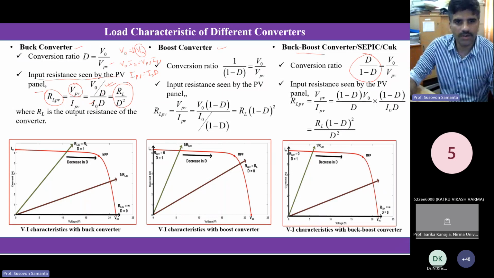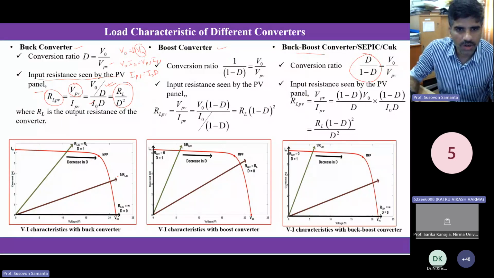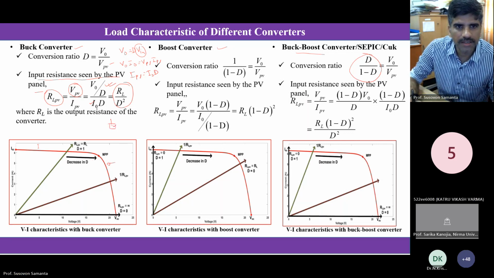Now you can see, if I draw the IV characteristics, this is the IV characteristic of the PV panel. And now your PV panel sees a resistance RLPV, which is nothing but RL by D square.